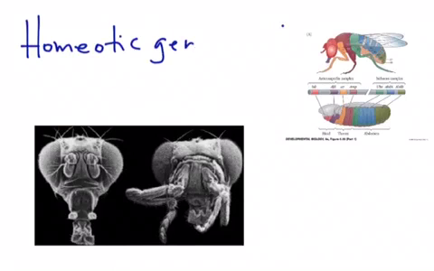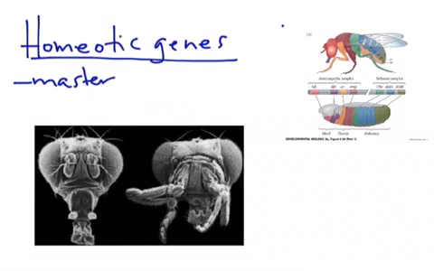Homeotic genes. They're almost like a master gene, the code almost for a blueprint, if you like, in the embryonic development of animals. So rather than a whole lot of individual genes that code for a whole lot of individual proteins, these master genes, or homeotic genes, control the development of multiple parts of the body all at once.